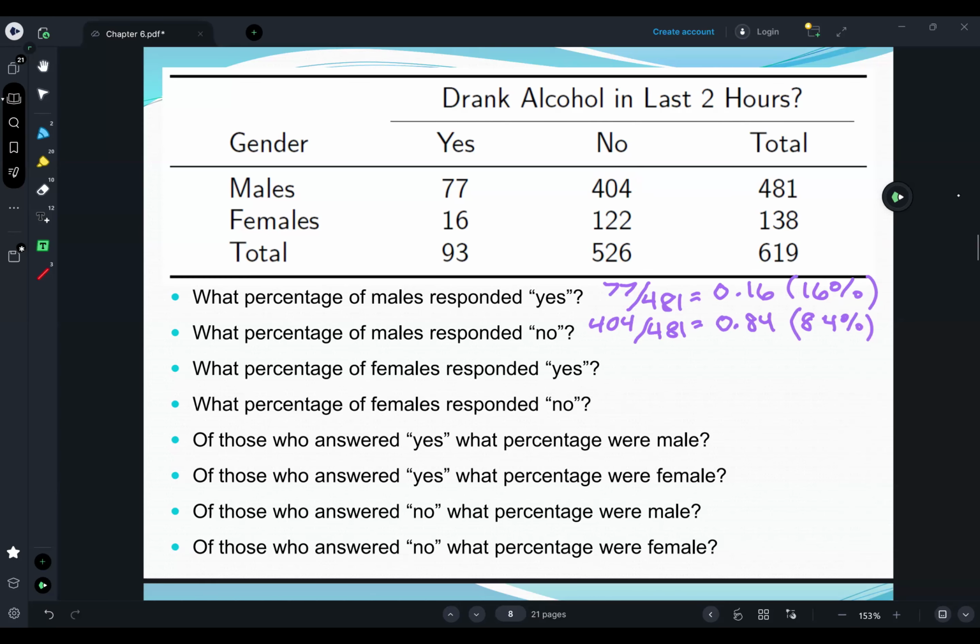Okay. So far, so good. We can find those values pretty straightforwardly. What percentage of females responded yes? So we then go to the female row, yes. We get 16 and divide by the total number of females, which is 138.